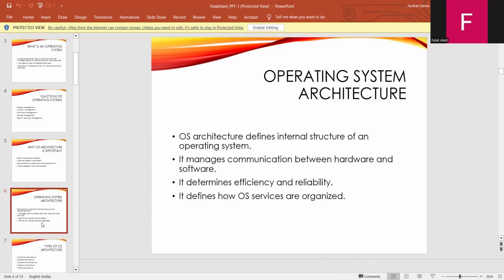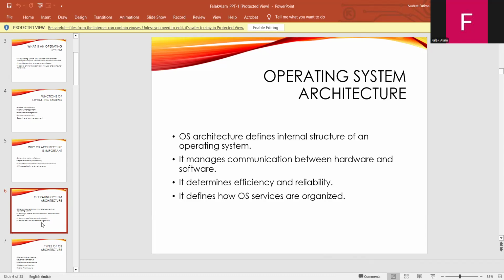The architecture determines basically three points: first, how the operating system interacts with the hardware; second, how system services are implemented; and third, how applications access system resources.